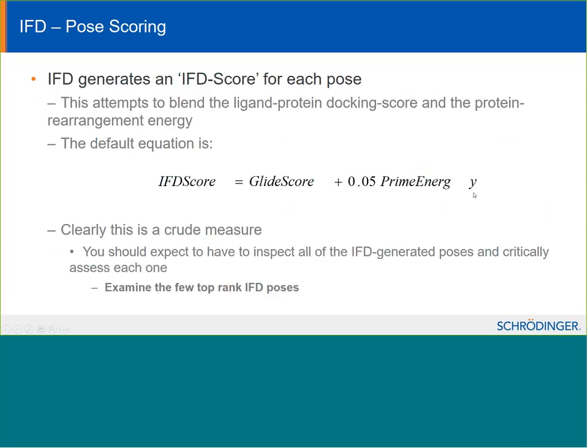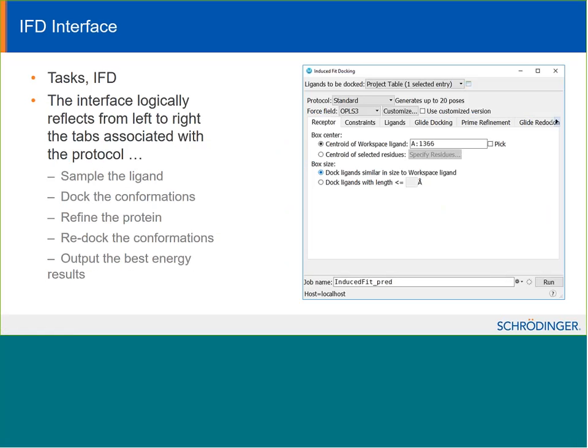So we have to blend those two things together in some way, and that's the number that you see at the end. But clearly this is a slightly cruder measure, but again, it's molecular mechanics, so I would not rely on the first pose; you look at multiple outputs from IFD to figure out which is the right one.